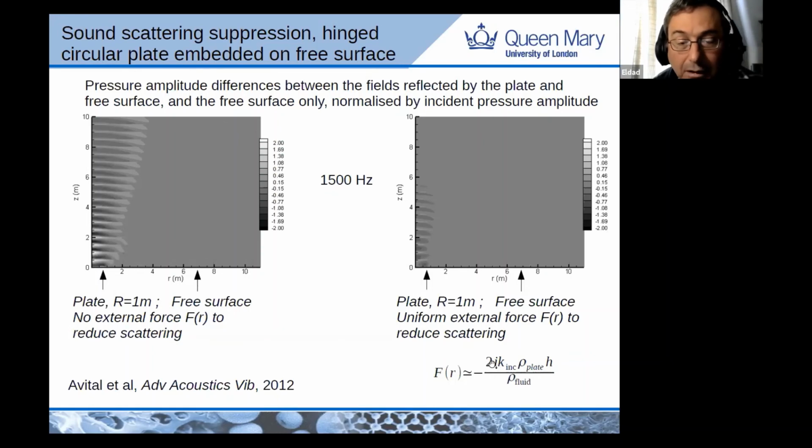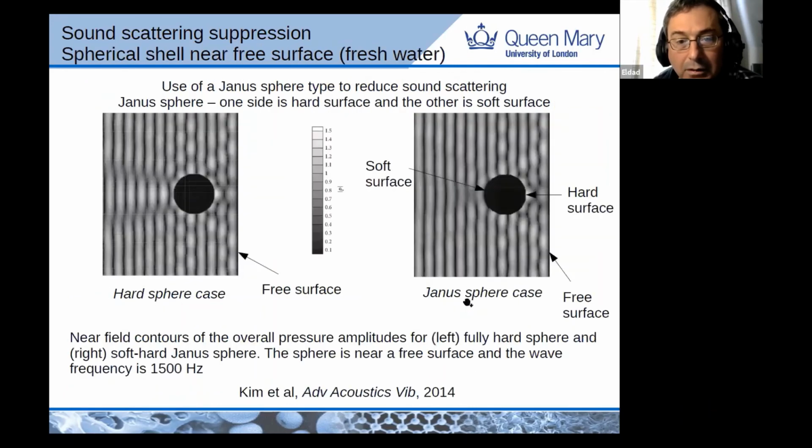It works quite well, but for low frequencies, when the plate is not highly non-compact, I would call it. When the plate is compact or close to the limit of being compact, it can work. But when the plate is highly non-compact, it doesn't work, and it's obvious that a uniform force will not work.